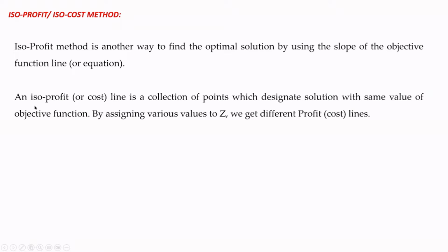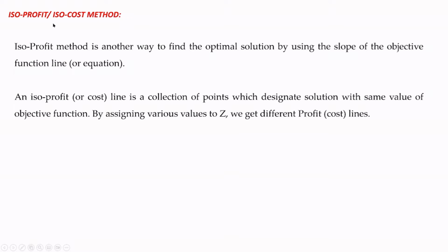So if we take isoprofit or isocost line, it is a collection of points which designate solution with same value of the objective function. So as I already mentioned, the meaning of this term iso is same. So if we consider an isoprofit line, then at each point of a given isoprofit line, the value of z will be the same.